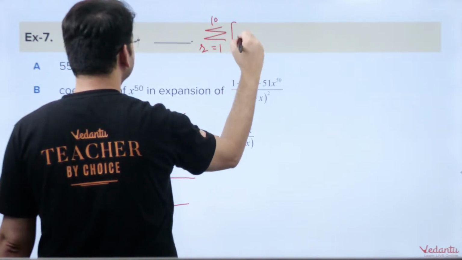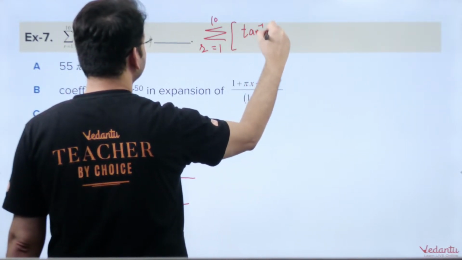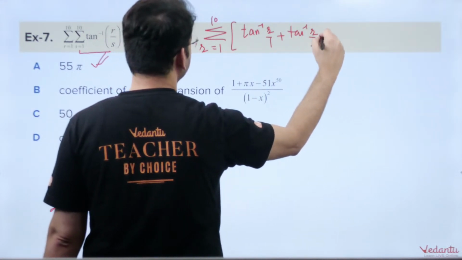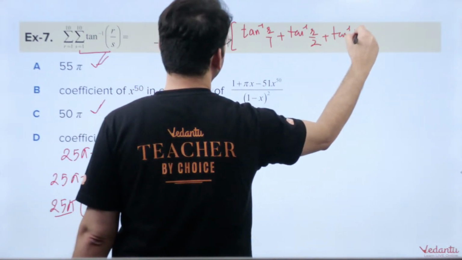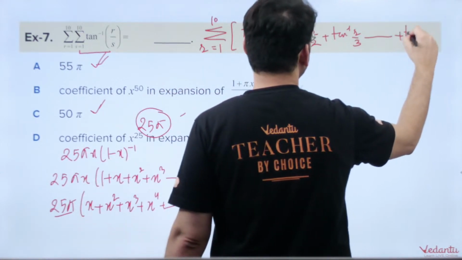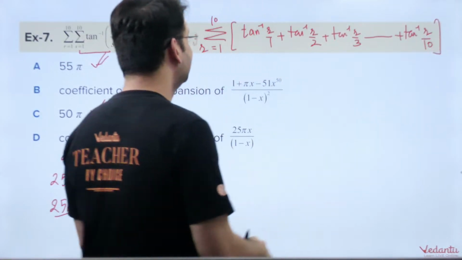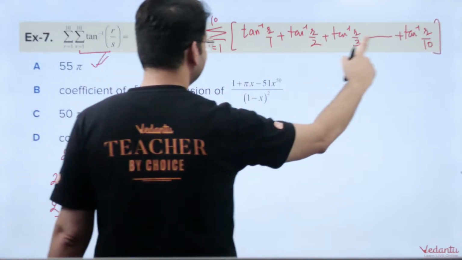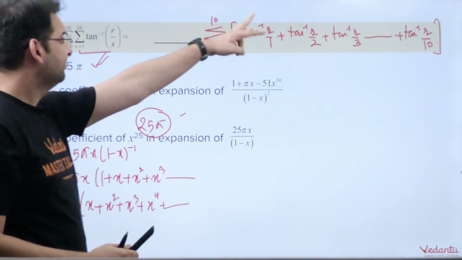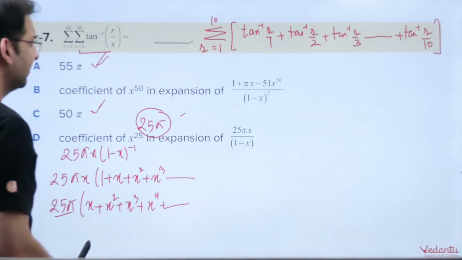The first term is going to be tan inverse r by 1 plus tan inverse r by 2, tan inverse r by 3, and so on up to tan inverse r by 10. So these are the 10 terms. What I've done is put s equal to 1, plus s equal to 2, s equal to 3, and so on up to s equal to 10.